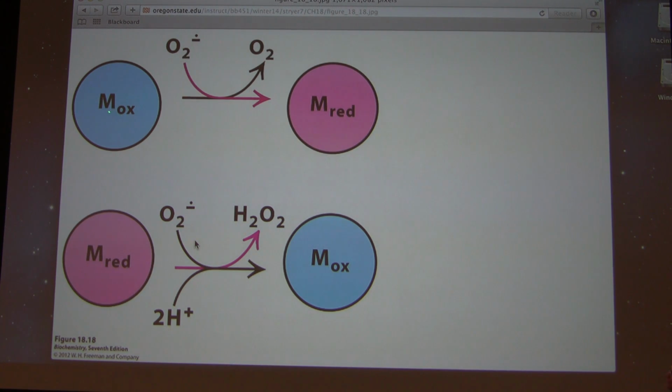It takes the electron away from superoxide and produces molecular oxygen. That leaves the superoxide dismutase in the reduced form. I'll repeat that. Superoxide dismutase starts in the oxidized form and goes to the reduced form by picking up an electron from superoxide to make molecular oxygen.